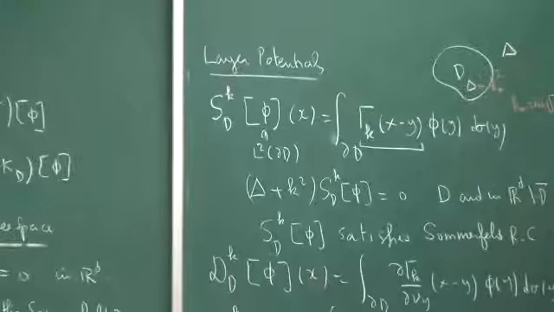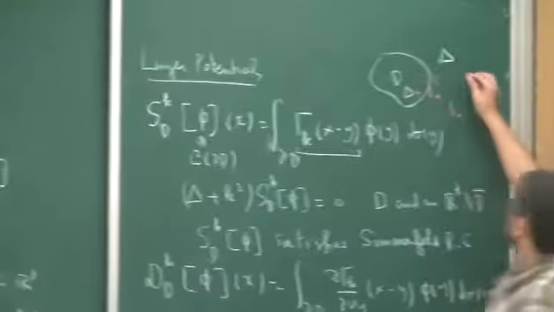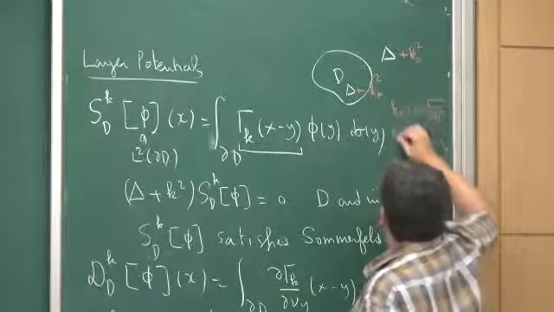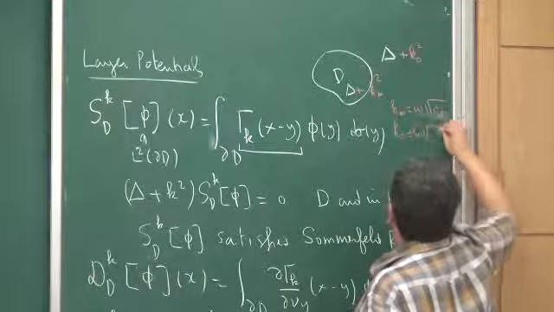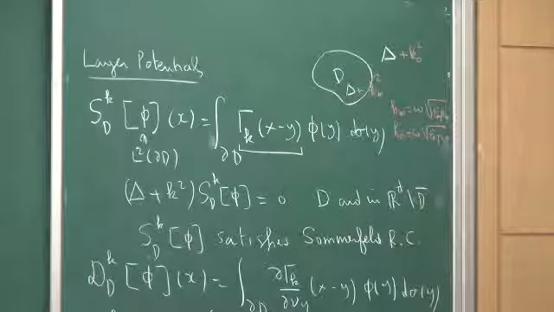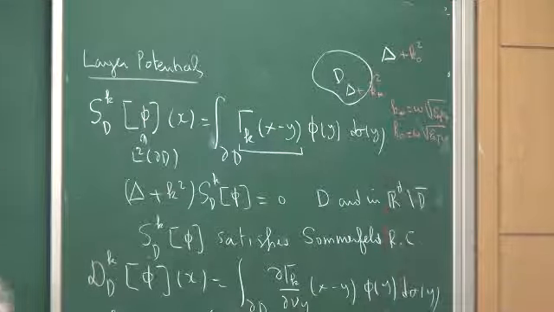These are the electromagnetic parameters of the inclusion. Outside, it is Laplacian plus k0 square, where k0 square is equal to omega square root of epsilon 0 mu 0. So it is not the same equation, and we cannot represent this by just one single layer potential or one double layer potential. We have to make a system of equations because the equations are different. So we write down the solution.